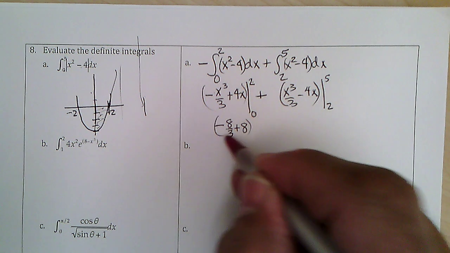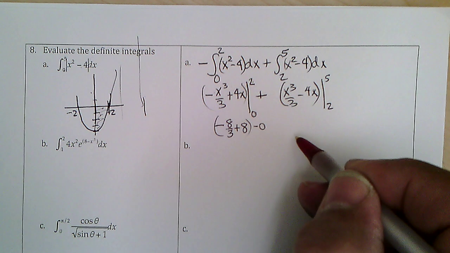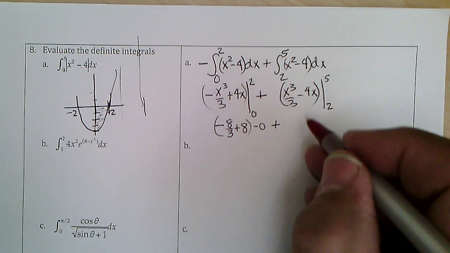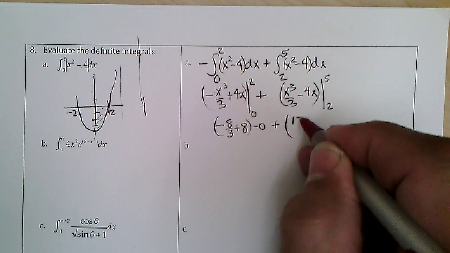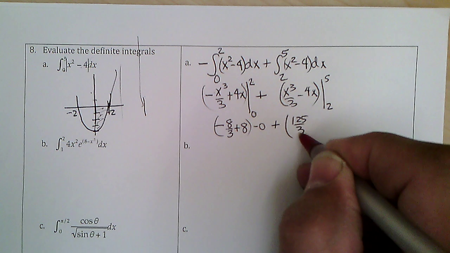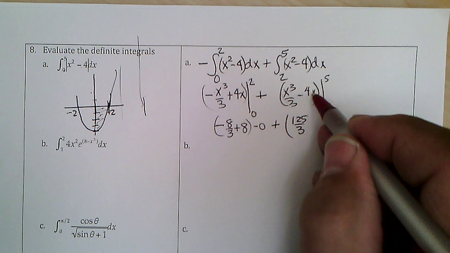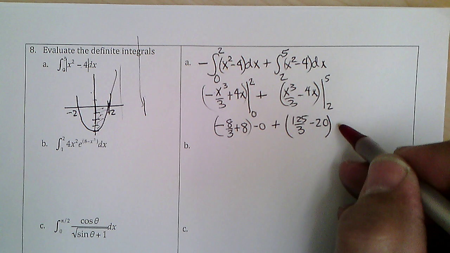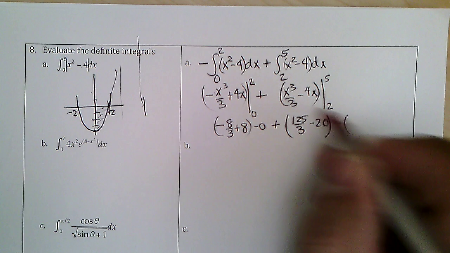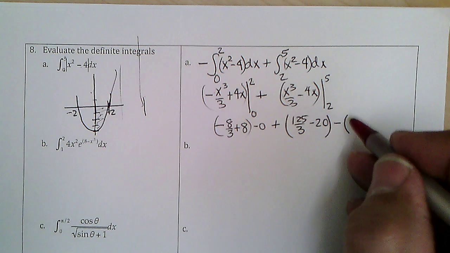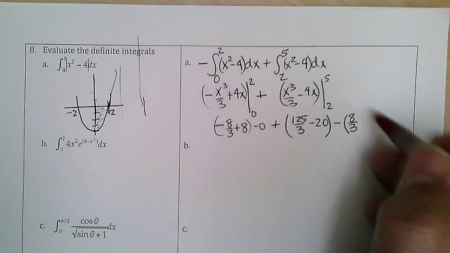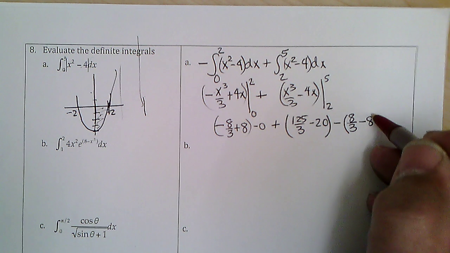So we got this minus 0 plus, we put the 5 in here and we've got 125 over 3 minus 20, minus, and we put the 2 into this, and we're going to get 8 over 3 minus 8.